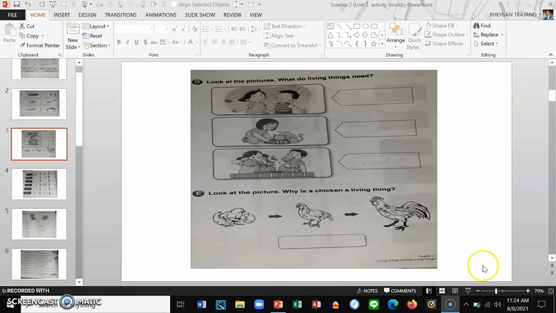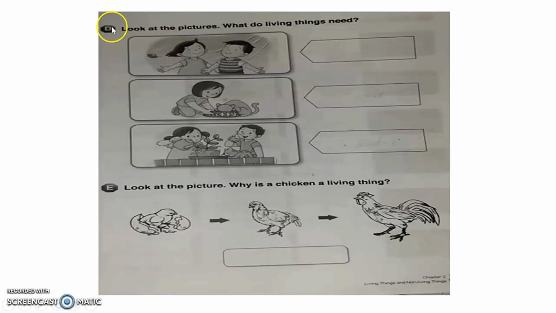Alright, grade 2 students, open your book and look for letter D and letter E. We will answer the 2 letters, letter D and letter E. In letter D, look at the pictures. What do living things need?